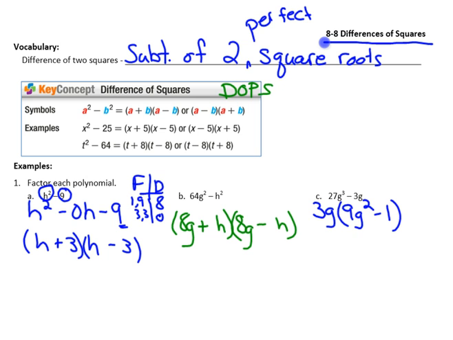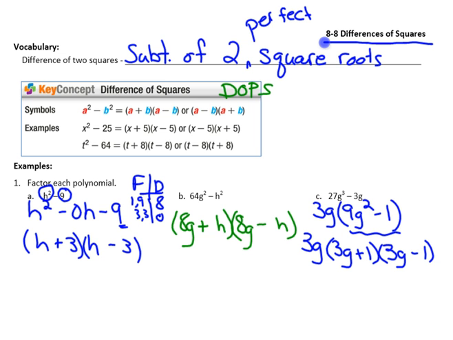Inside this parentheses is now the difference of two perfect squares. So I'm going to keep this extra 3g that I factored out. And now I'm going to do my difference of two perfect squares. Square root of 9 is 3, so I put one in each parentheses. Square root of g squared is g. Square root of 1 is 1. And then I get a plus, and I get a minus.